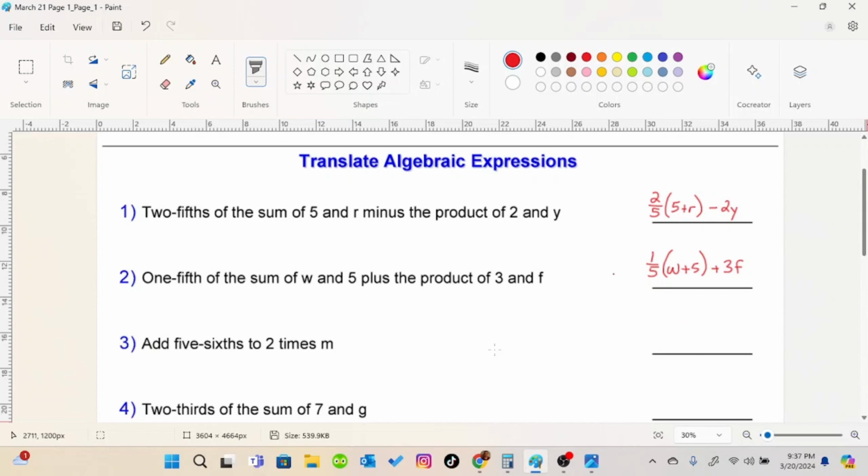Number 3, we are going to add 5/6 to 2 times m. So 2m.